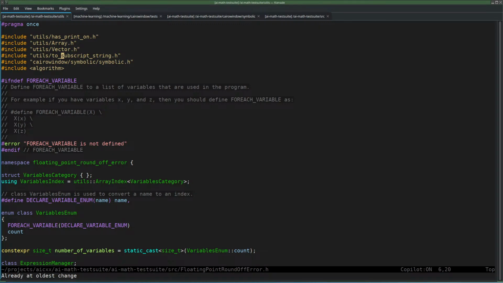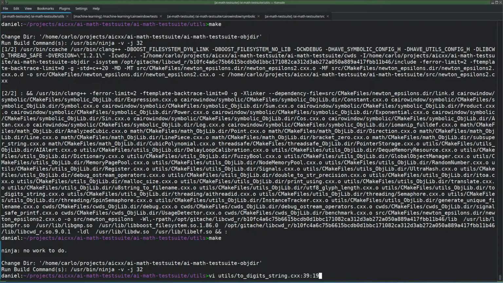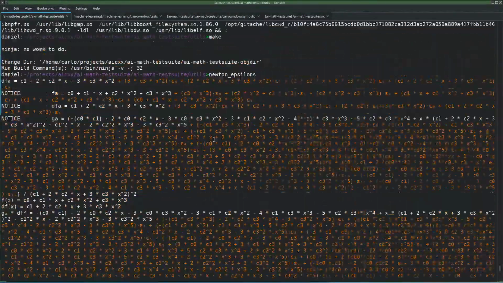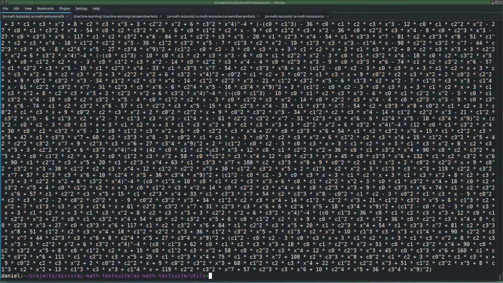Del. Digit string. Finally. I'm inclined to think I want to use it always, actually.